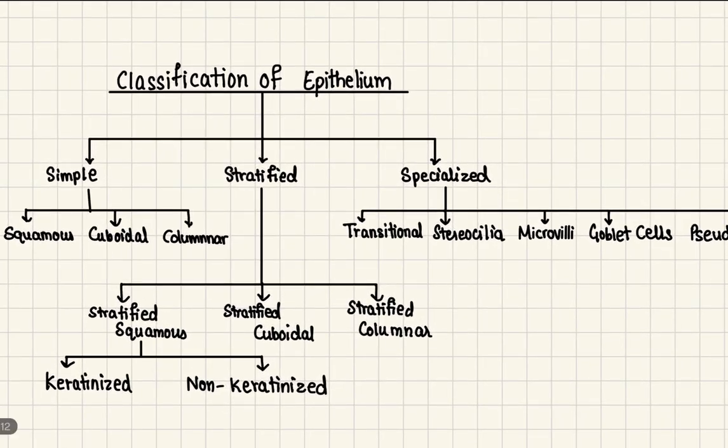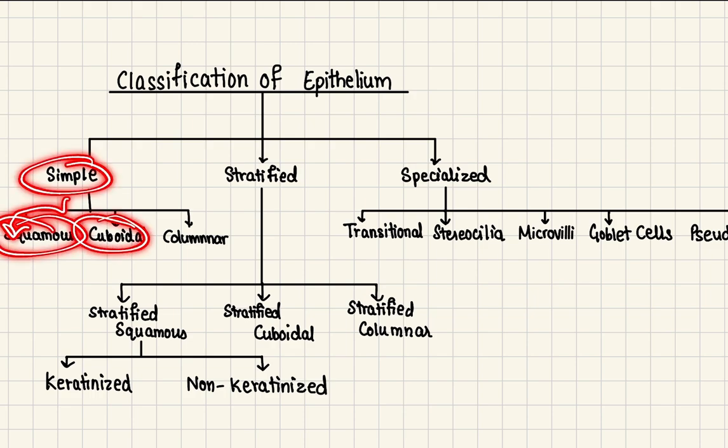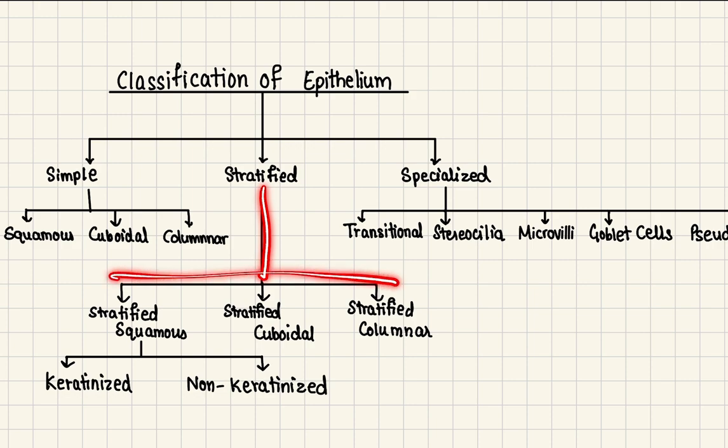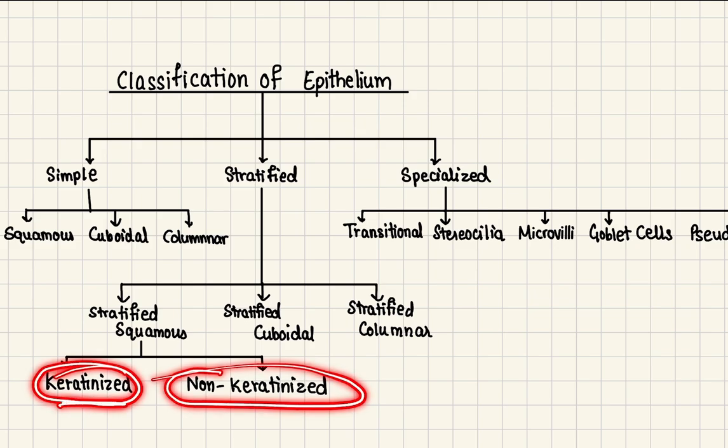Epithelium is classified into simple, stratified, and specialized. Now simple is further classified into squamous, cuboidal, and columnar. Stratified is further classified into stratified squamous, stratified cuboidal, and stratified columnar. Now stratified squamous is also further divided into keratinized and non-keratinized forms.